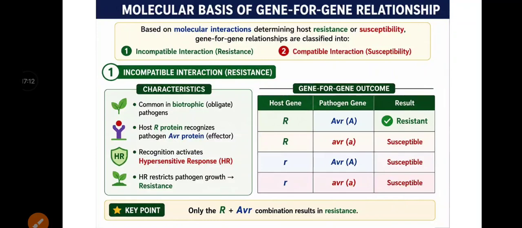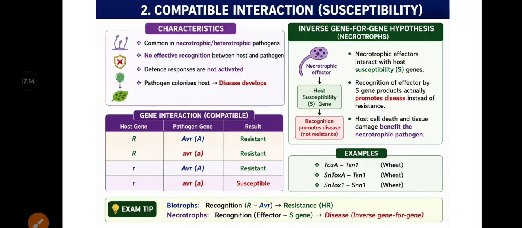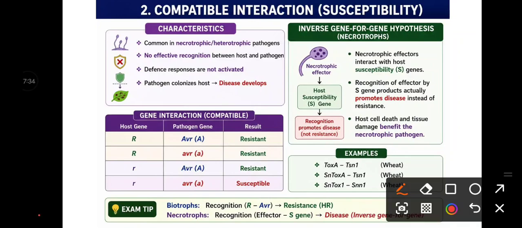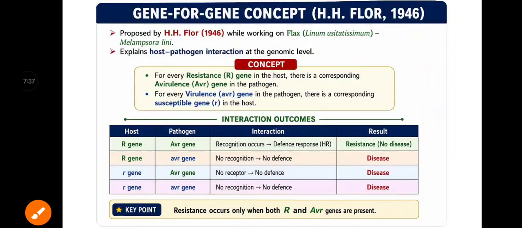Ultimately resistance will develop, whereas in case of compatible reaction, susceptibility is induced in case of necrotrophic pathogen due to interaction between the susceptible gene and the necrotrophic effector or the virulent gene. So this is all about the gene-for-gene hypothesis given by H.H. Flor in 1946 while working on the flax and Melampsora lini, or linseed rust, pathosystem.